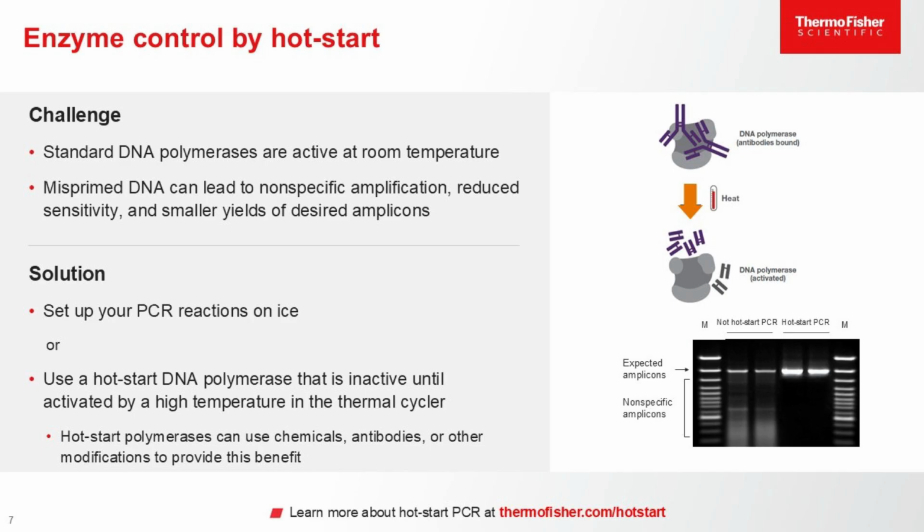After heat activation during the initial heating step, the enzyme becomes active just in time when it needs to synthesize new DNA strands. Hot start enzyme helps provide better specificity and yield.